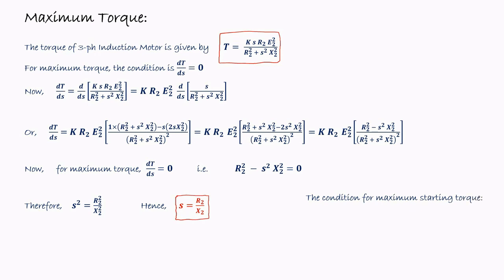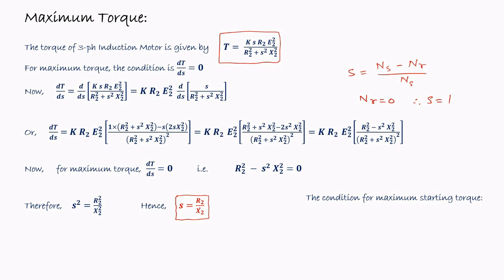Now, if we want to get the maximum starting torque, because there are some applications where the maximum torque is required during the starting condition. As we have already discussed, the slip is (Ns minus Nr) upon Ns, and at starting condition Nr is equal to 0, so slip will be equal to 1.